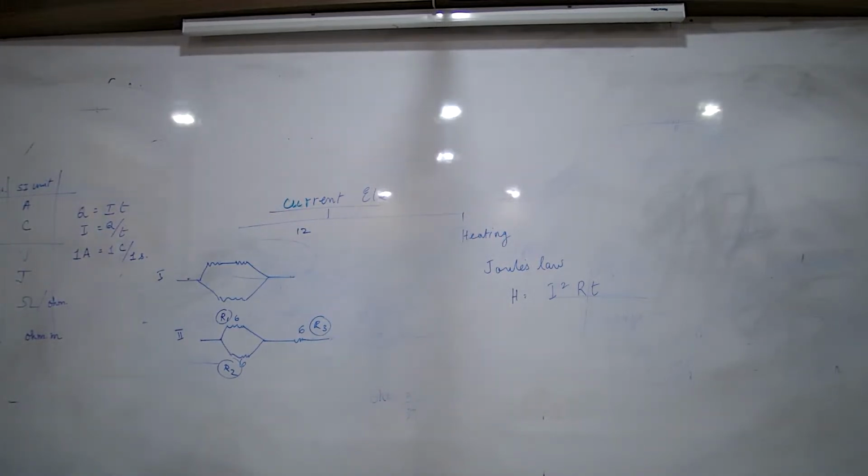When we write the statement, we first show that H is directly proportional to I square R T, and then we remove the proportionality sign and write equal to. So when there is a proportionality sign, R will not be there.